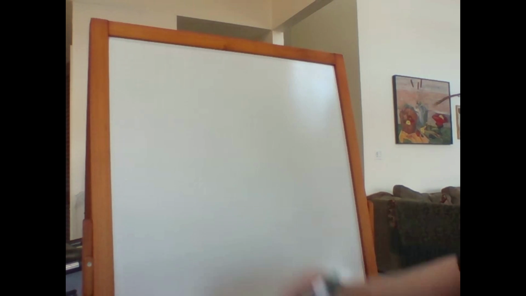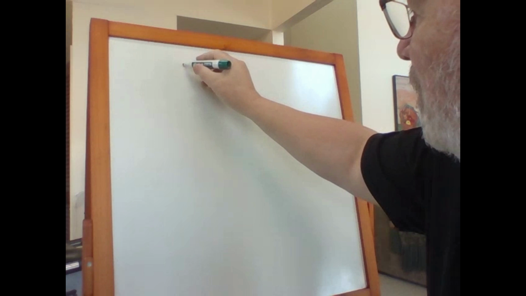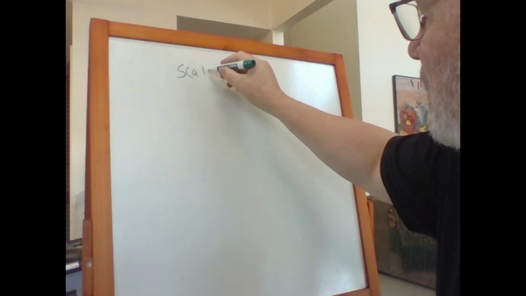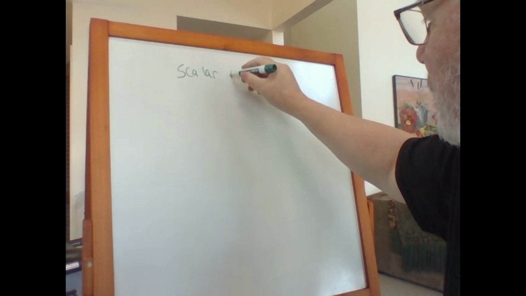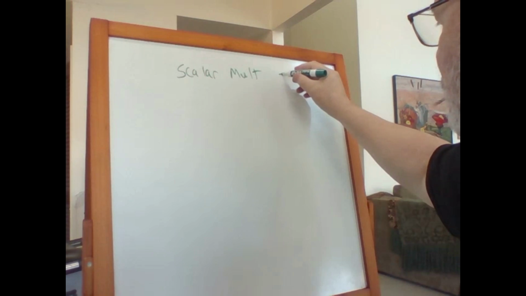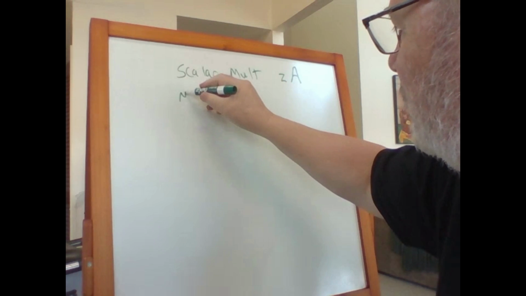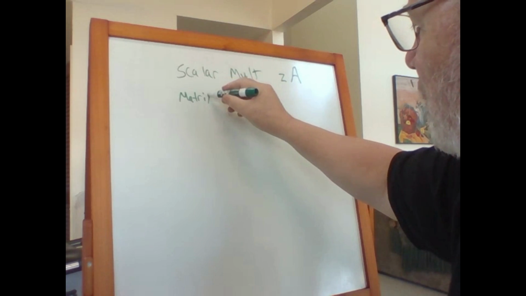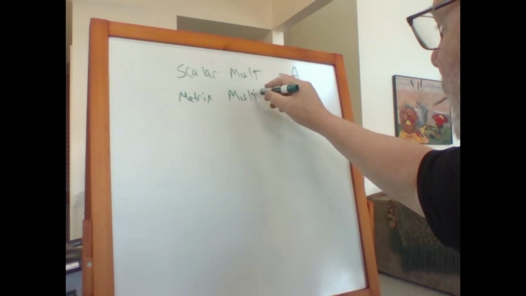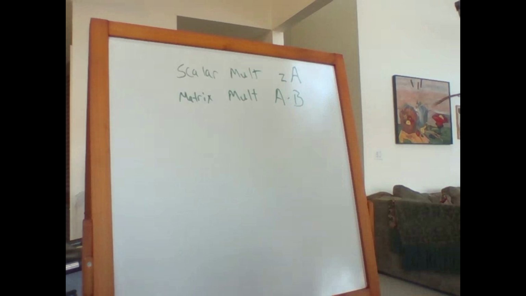But we're going to look next time. We looked at scalar multiplication, which is z times A. We looked at matrix multiplication, where you have a matrix A times matrix B.